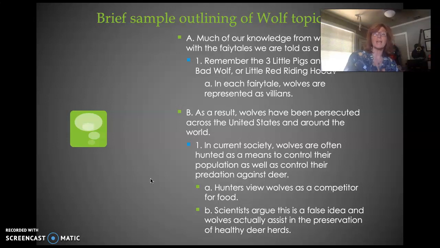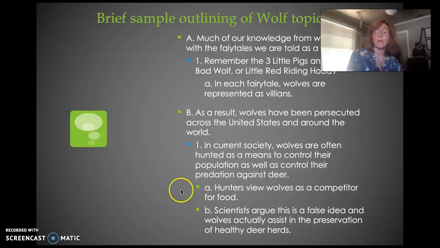And today, wolves are hunted in order to control their populations, because hunters believe that wolves are a competitor for the deer that they try to kill for food. And scientists argue that this isn't even true, that that's a false idea, and there's proof. Okay, I have to stop this right now because I'm going to run out of time.